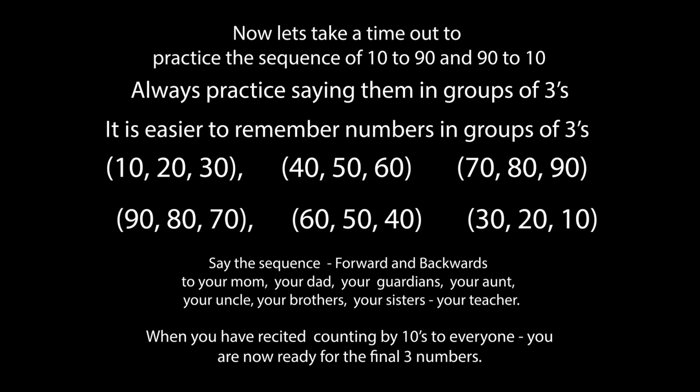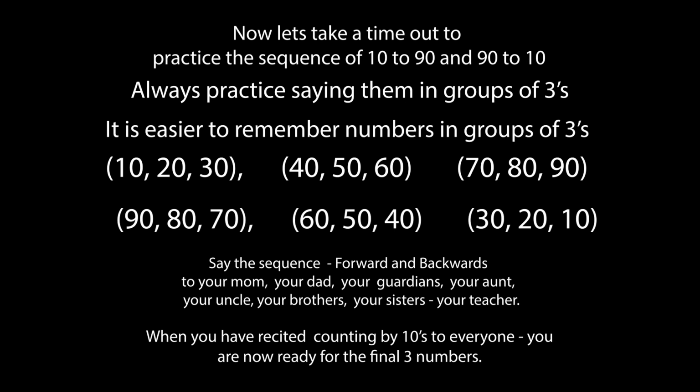Now let's take a timeout to practice a sequence of 10 to 90 and 90 to 10. Always practice saying them in group sets of 3s. It's easier to remember numbers in group sets of 3s: 10, 20, 30, 40, 50, 60, 70, 80, 90. 90, 80, 70, 60, 50, 40, 30, 20, 10.